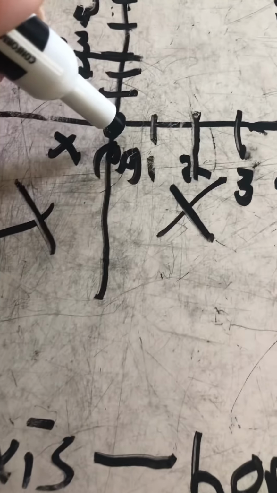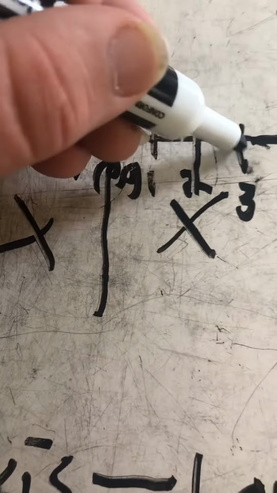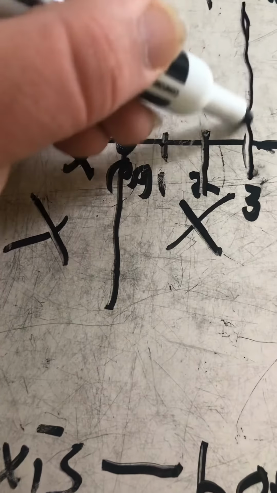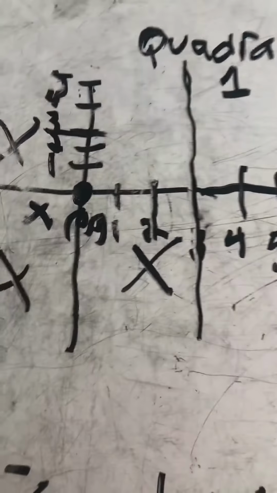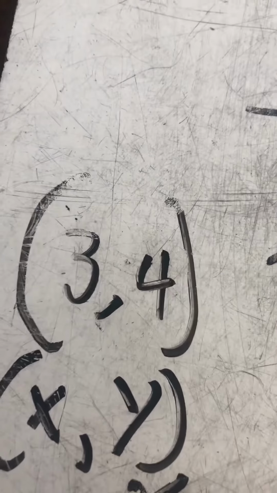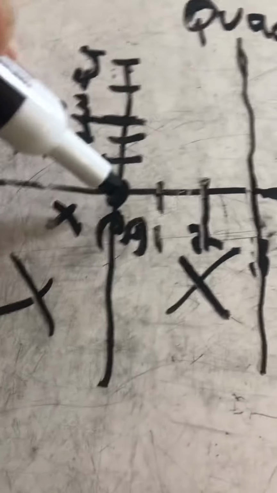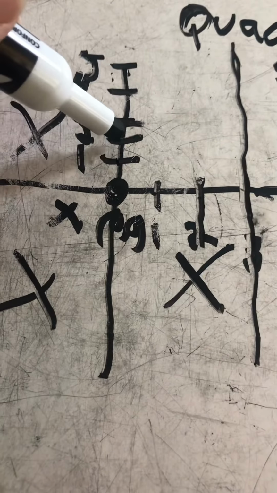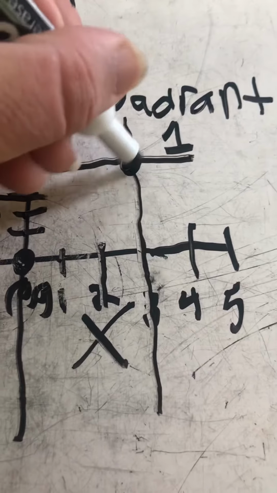I start at the origin, 0, 0, every time. 1, 2, 3. Now if I want, I can just draw a line through the 3 here, because I know it's going to be there. And then my y coordinate was 4. So I'm going to go up 4, starting at the origin. 0, 1, 2, 3, 4. And if I draw a line through there, my point would be where they meet.